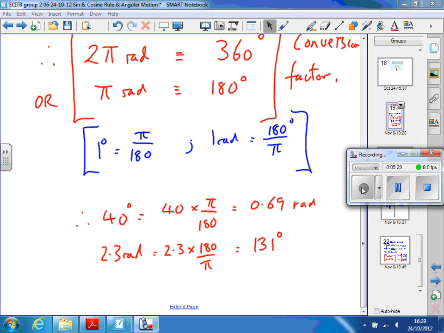Degrees to radians, and in the assignment you're asked to do that, to complete a table converting from radians to degrees and back again. So that's how you do it.